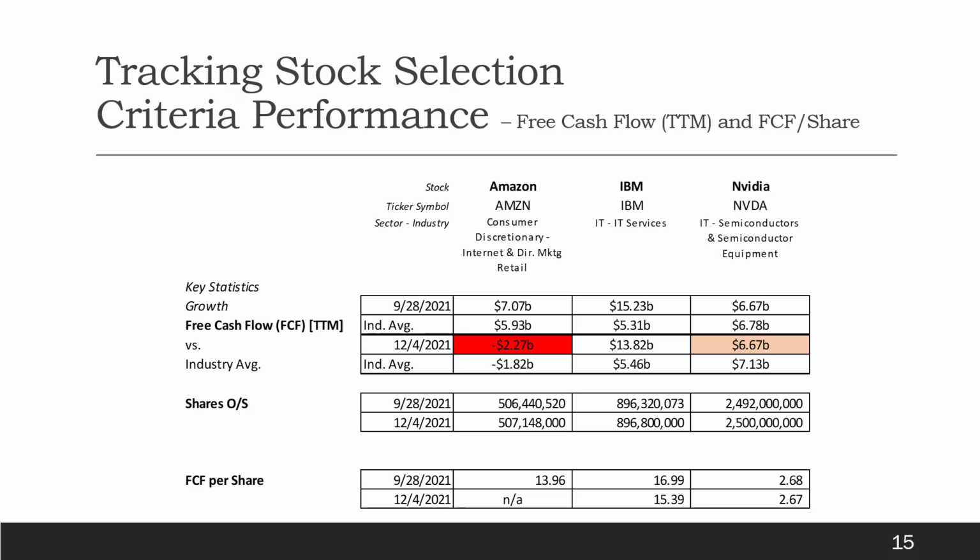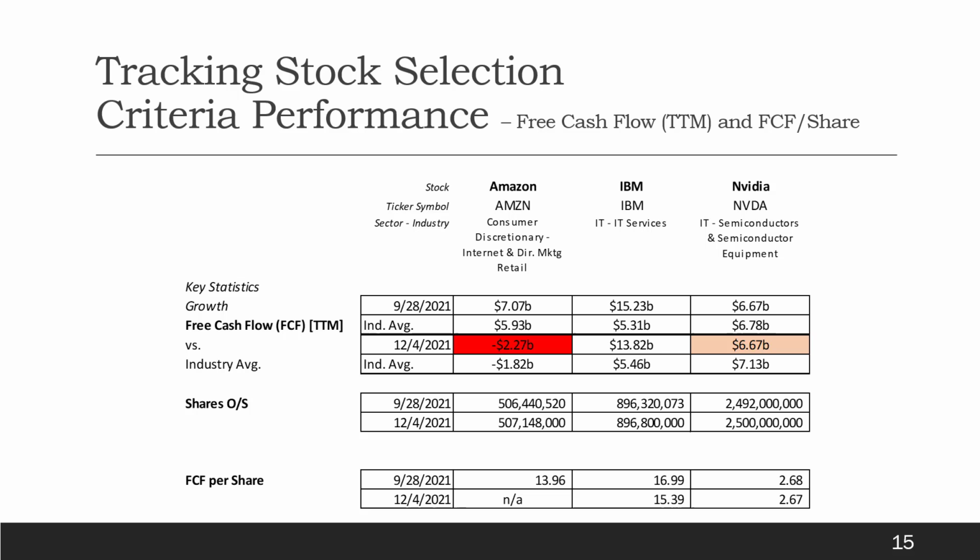With the December 4th, 2021 row of data, IBM had the most free cash flow for the trailing 12 months, but we need to make this figure capable of being compared among the three stocks by converting FCF to FCF per share. Amazon had 507 million shares outstanding, IBM had 896 million shares outstanding, and NVIDIA had 2,500 million shares or 2.5 billion shares outstanding.